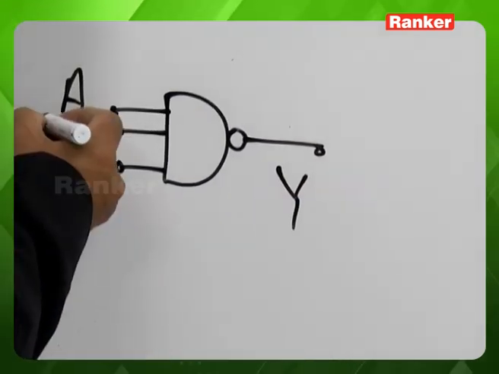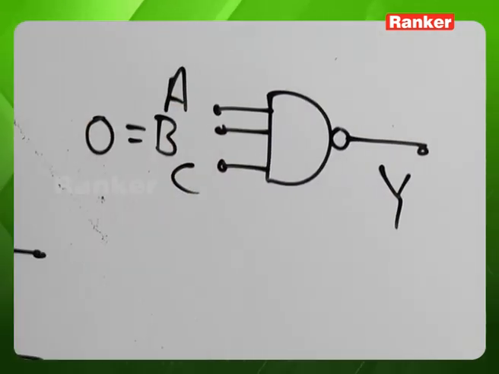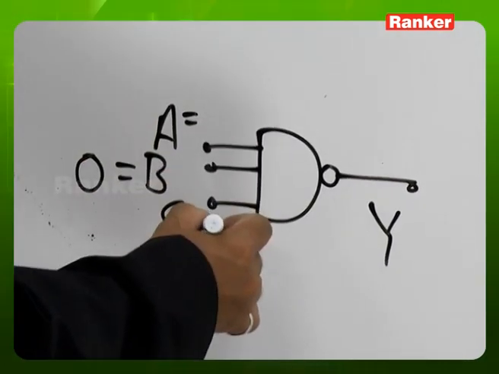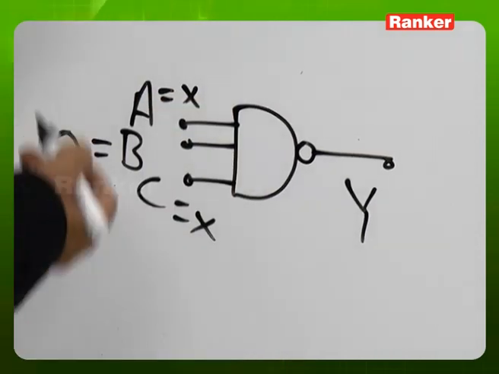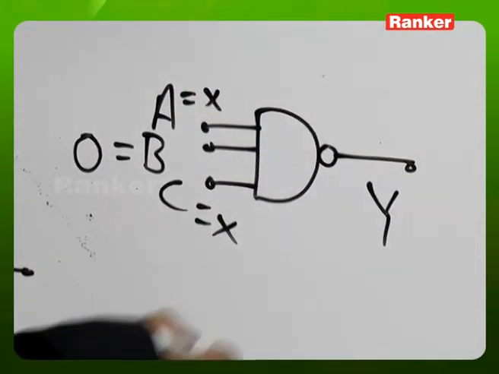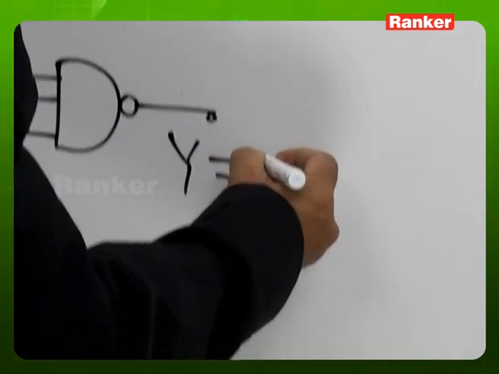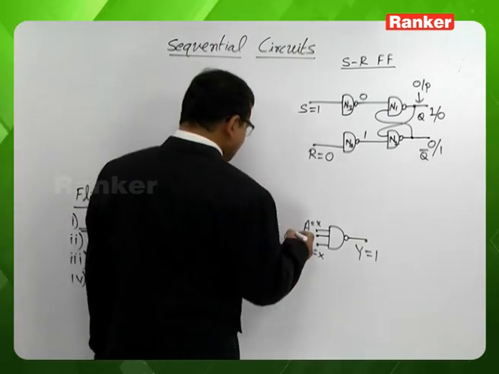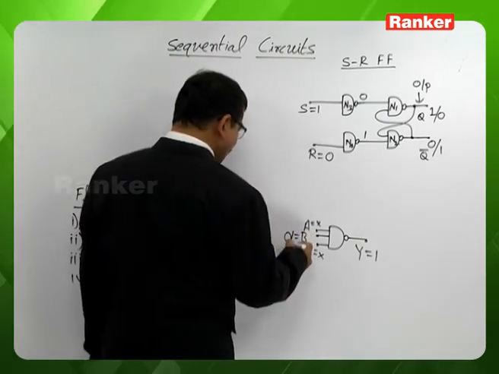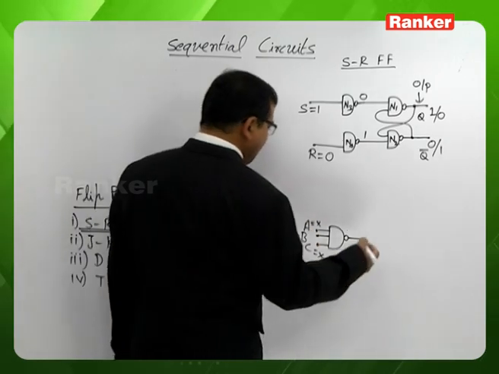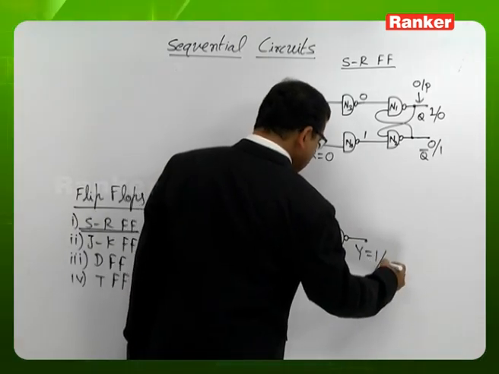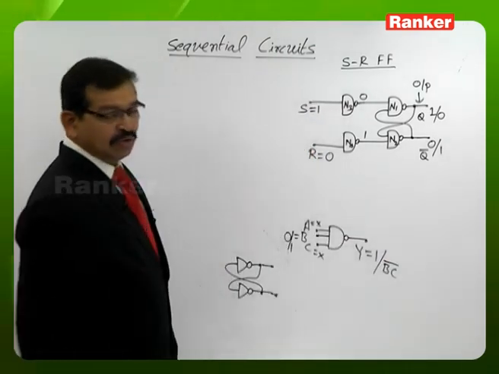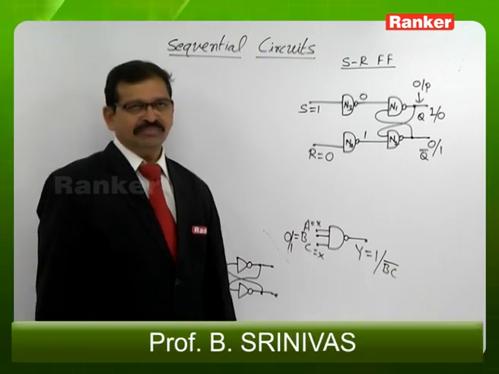If one of the inputs of the NAND gate is 0, without bothering about the other inputs, it is possible to say the NAND gate output is 1. And similarly, if one of the inputs of the NAND gate is 1, then we have the response of the NAND gate based on the other 2 inputs. Based on the other 2 inputs, we look at the output of the NAND gate.